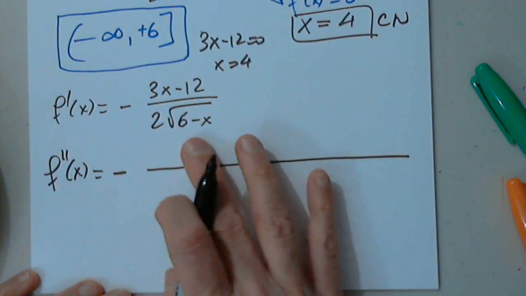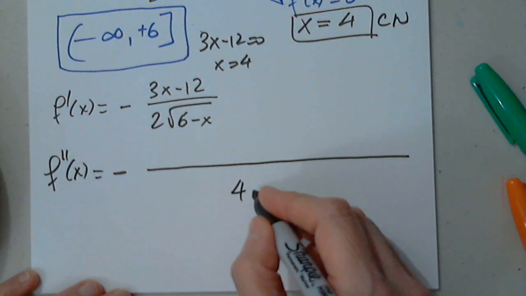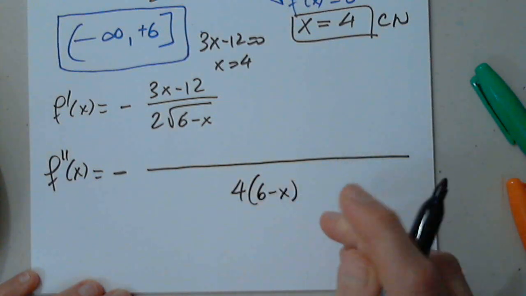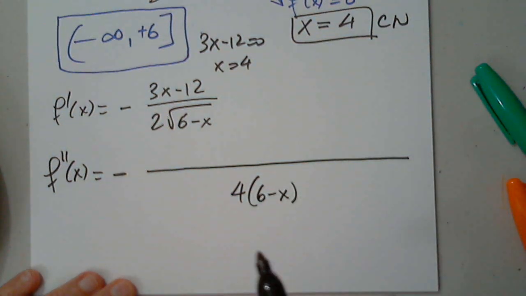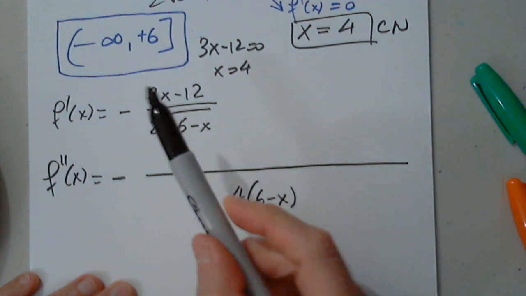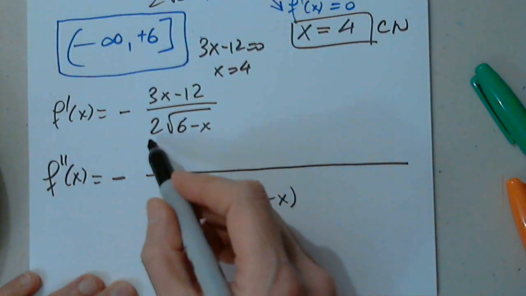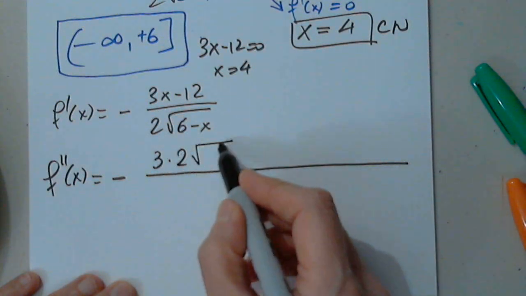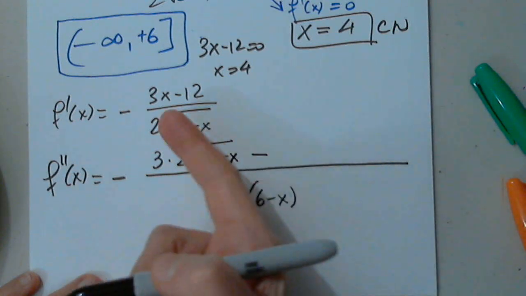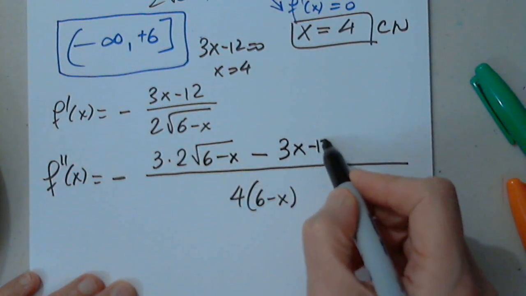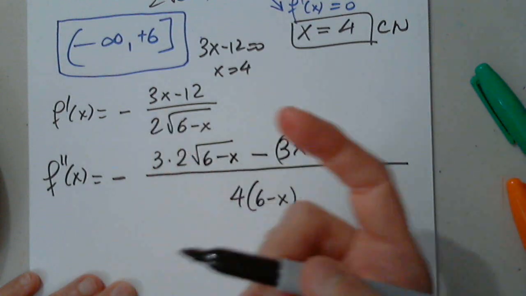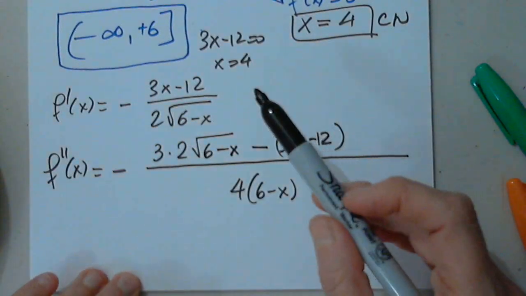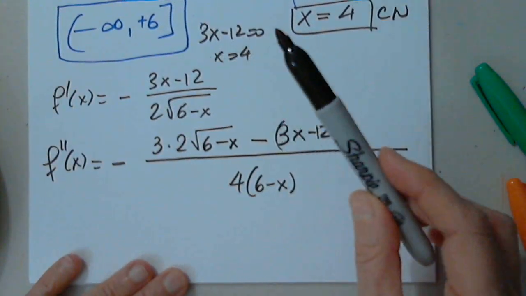When I square the denominator, I have 4 and 6 minus x. I have to differentiate the top, and I get 3 times the denominator. That part is easy. But now minus the top. I should have pulled out a 3 to make it even easier. Well, I didn't, so now it's too late.